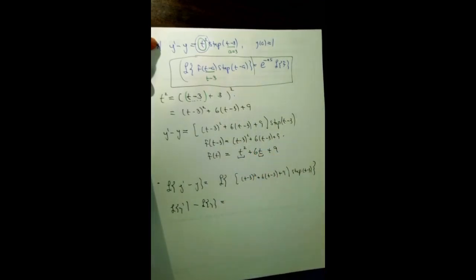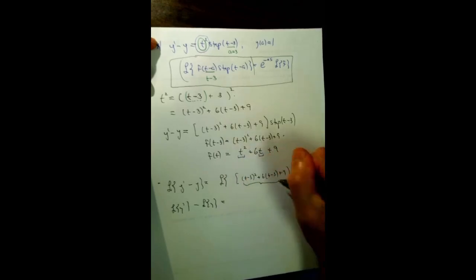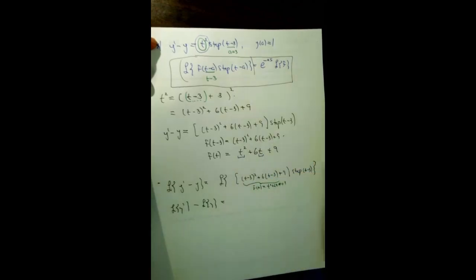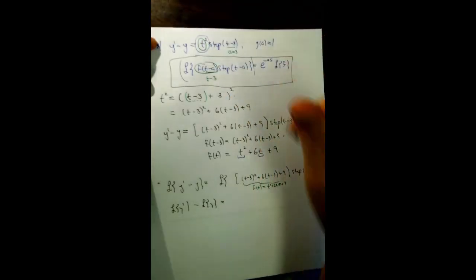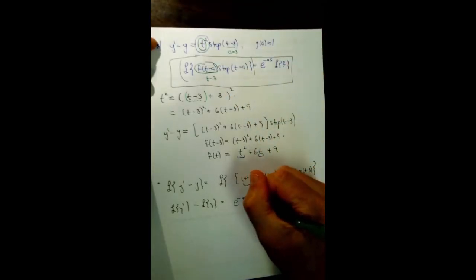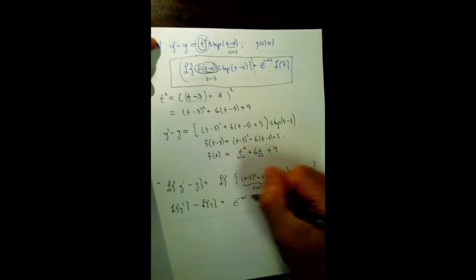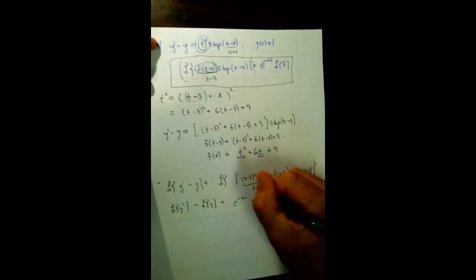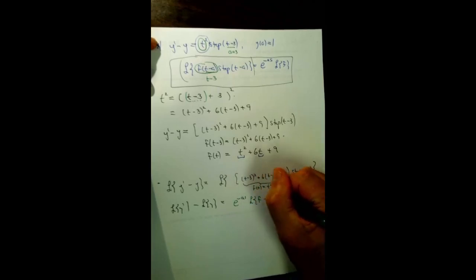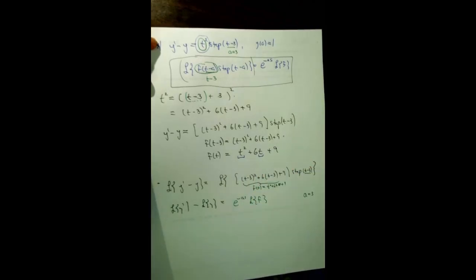Now here again, this is some function given by t squared plus 6t plus 9 evaluated at t minus 3, which is exactly what I want here. So this becomes e to the minus as, in this case a equals 3, times the Laplace transform of f.